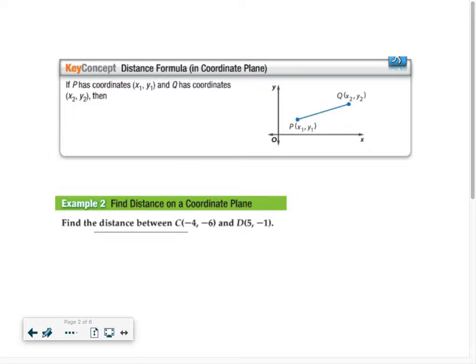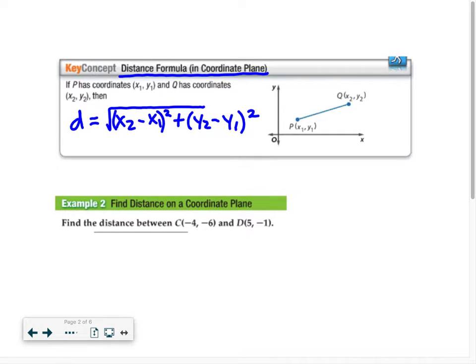Now we're going to do distance formula in the coordinate plane, and this is one where you can't count. In the coordinate plane, it's not so easy to just say, oh, that's 1 unit, 2 units. You cannot do that. So we've got to use the formula. The distance formula for the coordinate plane is D equals the square root of x2 minus x1 squared plus y2 minus y1 squared.